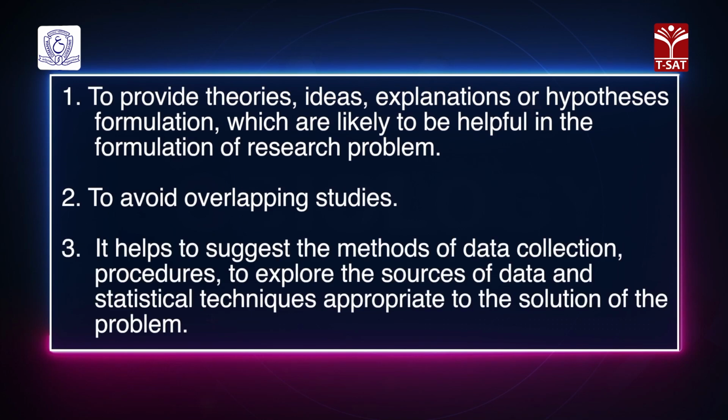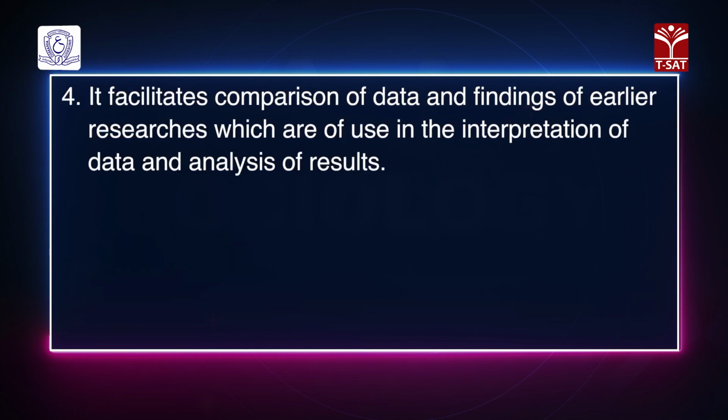Thirdly, it helps to suggest the methods of data collection, procedures to explore the sources of data and statistical techniques appropriate to the solution of the problem. Fourthly, it facilitates comparison of data and findings of earlier researches which are of use in the interpretation of data and analysis of results.